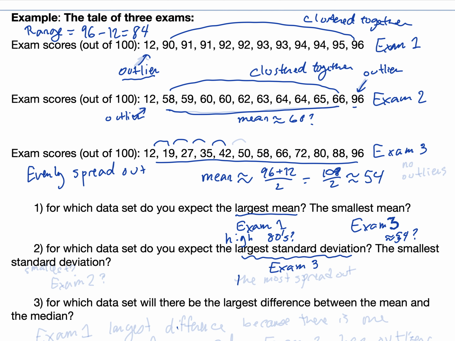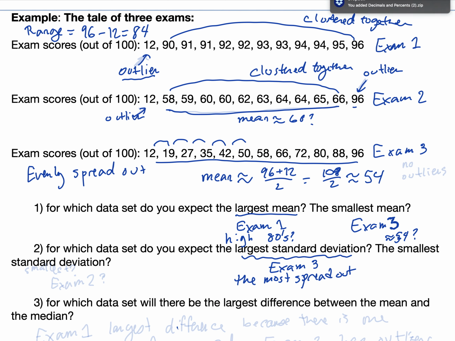It is the most spread out. They all have the same range, a range of 84, so that's one way of saying the spread is similar. But while the range is the same, exam 3 is evenly spread out, whereas the others have groups clustered together. So exam 3 is the most spread out.